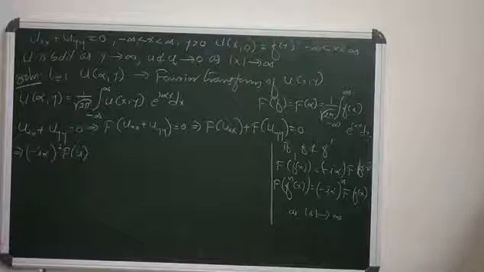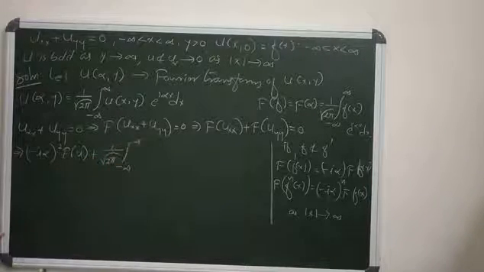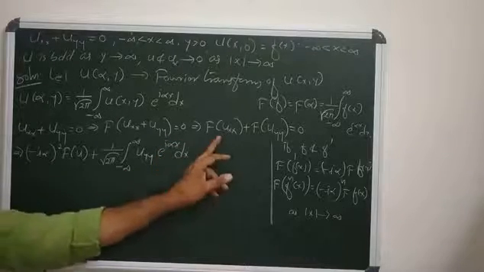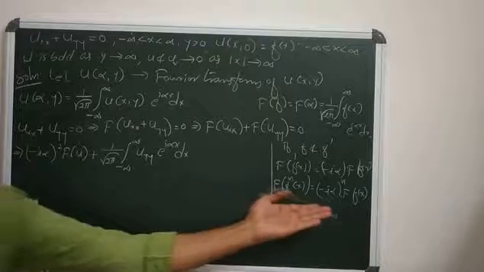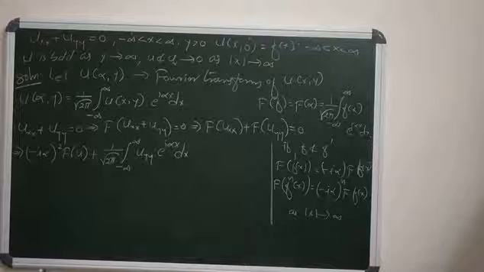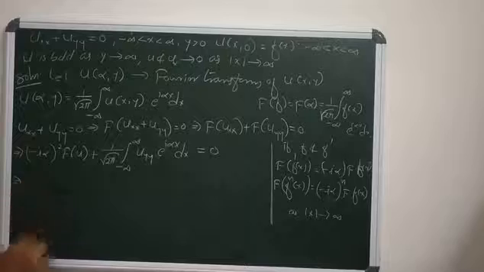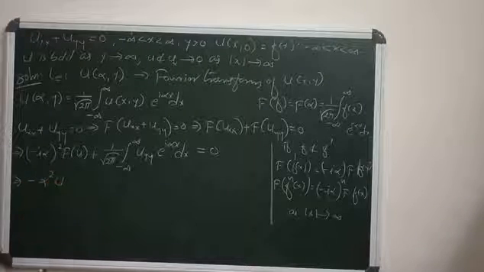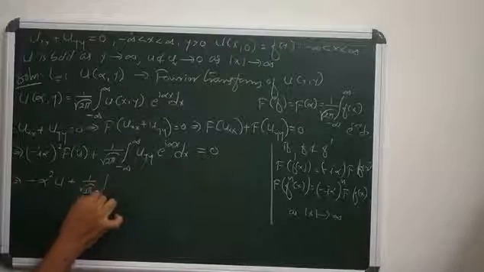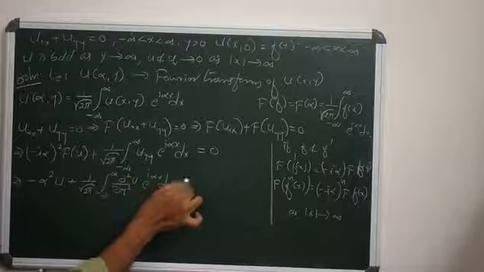F of u_xx is nothing but (minus i alpha) squared times F of u, plus F of u_yy, which is 1 by root 2 pi times the integral from minus infinity to infinity of u_yy e^{i alpha x} dx, equals 0.